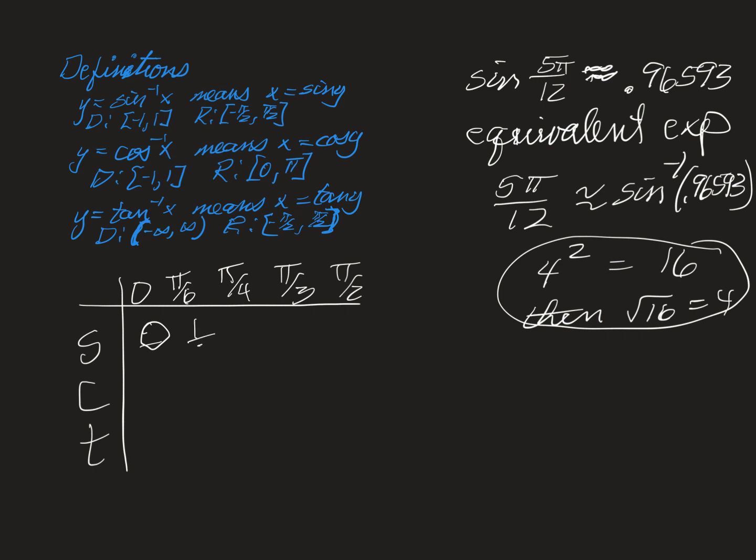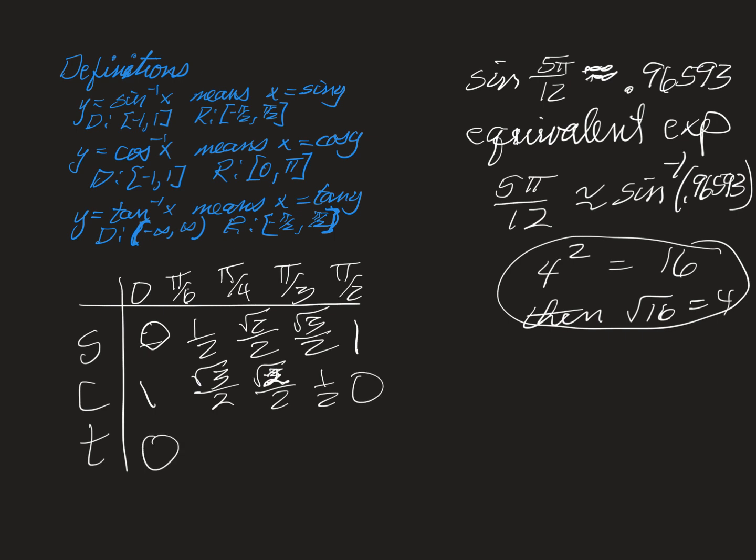So 0, 1/2, square root of 2 over 2, square root of 3 over 2, and 1. So we write them in reverse for cosine because they're cofunctions. Square root of 2 over 2, 1/2, and 0. And then we take the fraction.